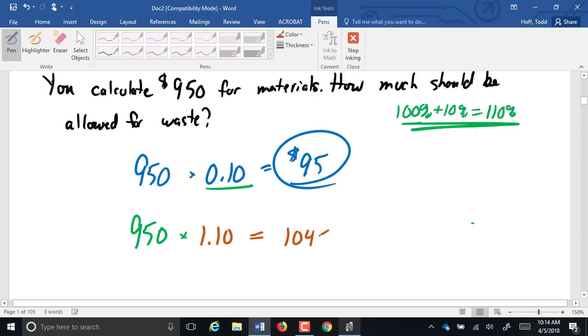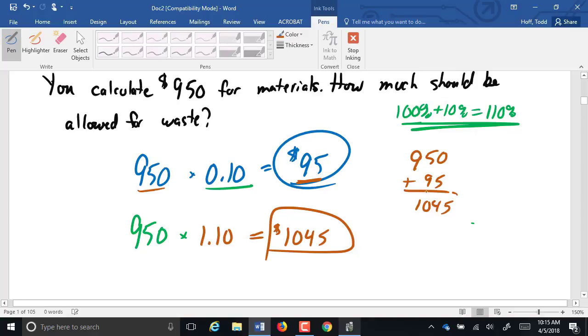That is up to $1,045. That should be your total budget for that project. Now, again, that could have been found simply by taking the 950 plus the 95 allowance as well. So on many of these percent problems, there's more than one way you can go about getting to the answer.